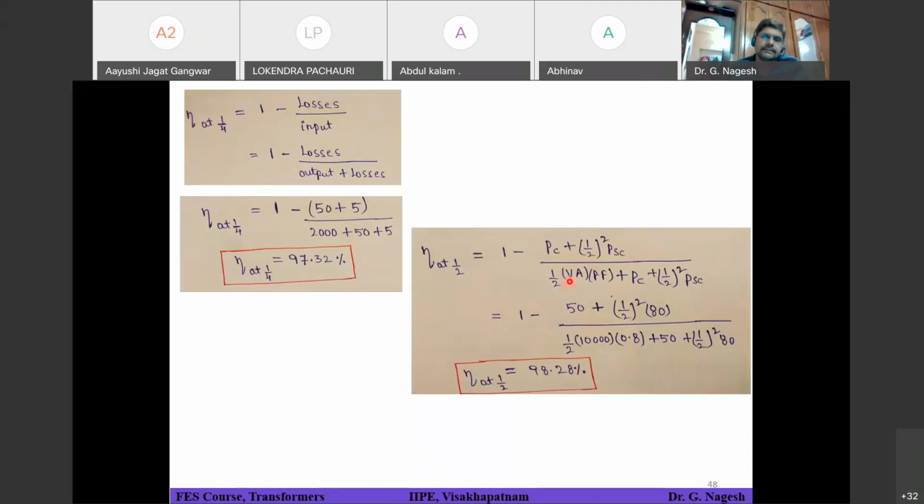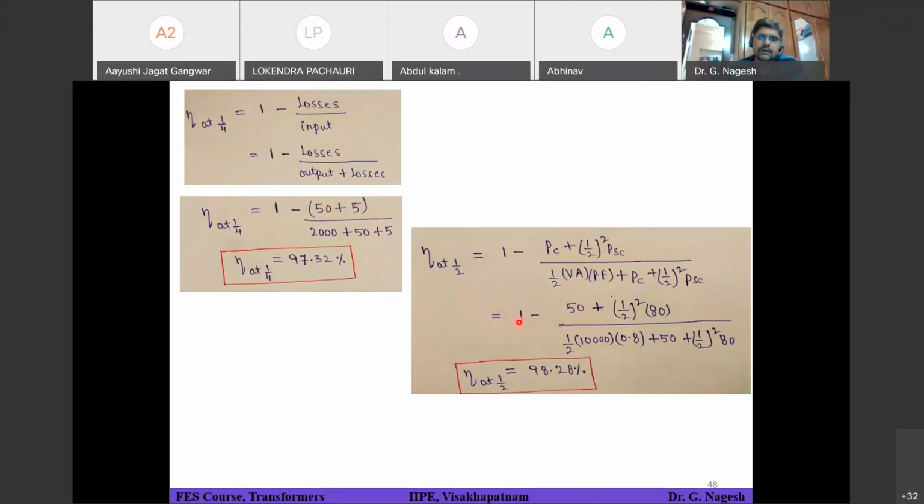Copper losses will be 1/2 whole square into PSC because we are calculating at half of full load, and output power will be 1/2 into rated output power at the given power factor. So this is the formula you have to use, and core losses remain the same.